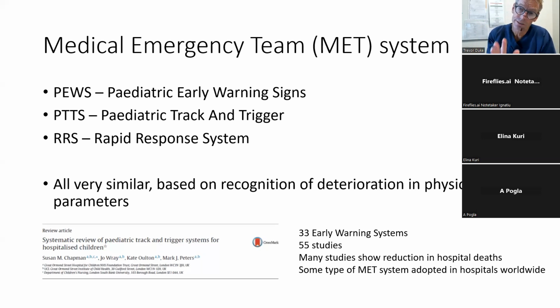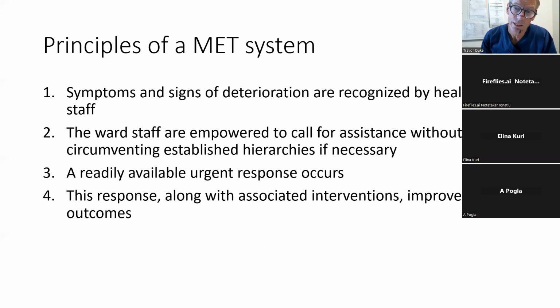There's lots of evidence that this substantially lowers mortality within a hospital and improves outcomes. So for hospitals that don't have a MET system, it's a good idea to think about how you would design one for your hospital. And I think using monitoring and response charts is a very important element.